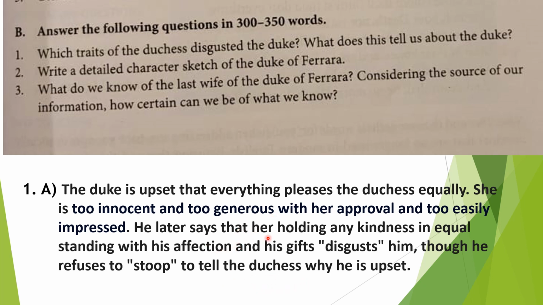This you have to expand, students, because it is to be written in 300 to 350 words. So what all things she equalizes with his expensive gifts, how he treats other persons, how she gets happy easily and all.